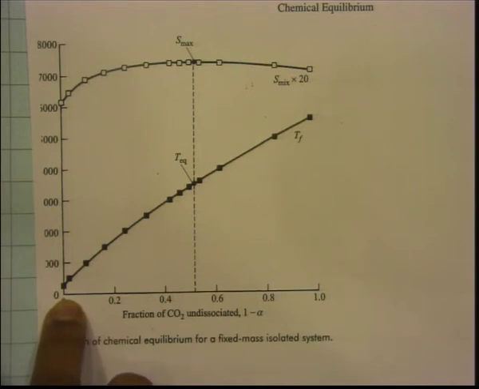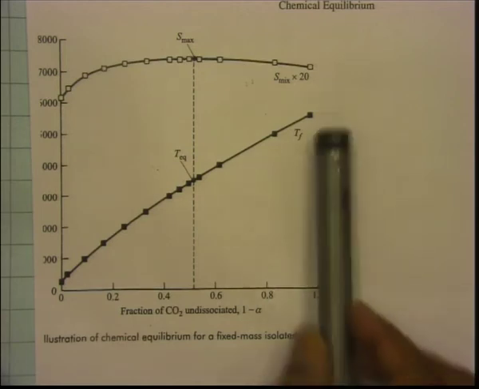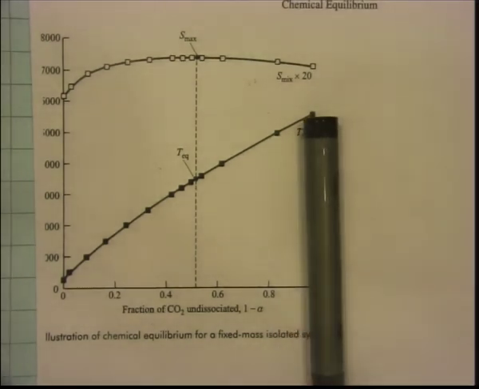So, in that case, the temperature that you get is the minimum, it is the initial condition basically. On the other hand, if you have alpha equal to 0, then 1 minus alpha is 1, that means you are on the right hand side here. So, there you get the maximum flame temperature.